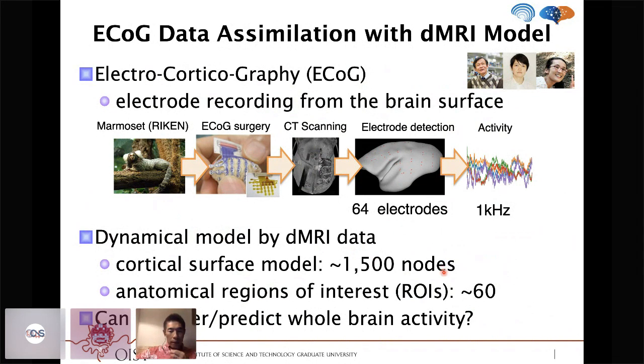So either the high dimension model, like 1,500 nodes in the cortical surface, or more conventional regions of interest, around 60. And the question is whether we can predict the high dimension brain activity based on the limited measurement of the electrodes.